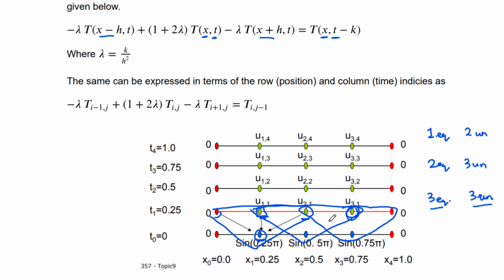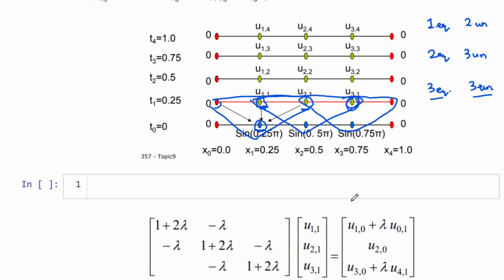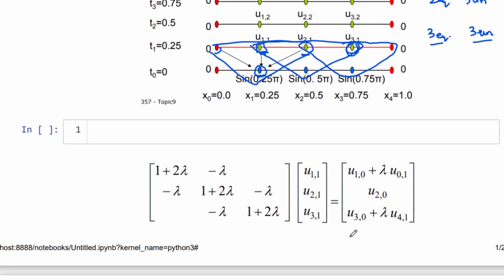When you put these 3 equations in matrix form, you will end up with an equation that looks like this. So these are the green points. The 2 red points that you see here, the boundary conditions here and here, will show up over here as U01 and U41.